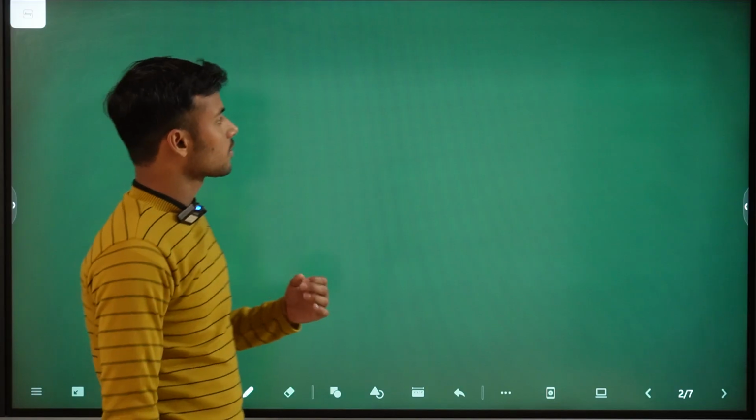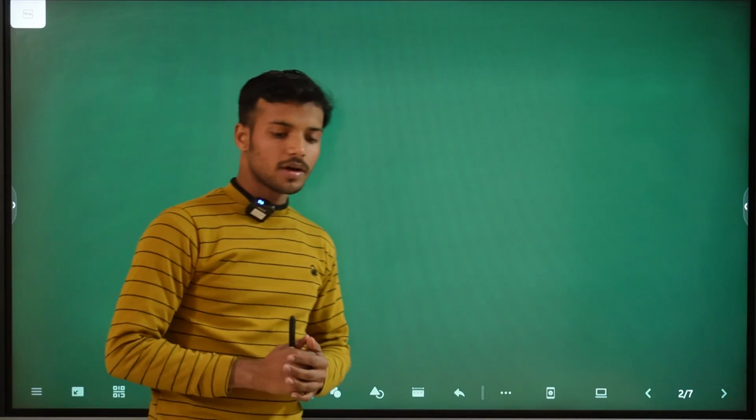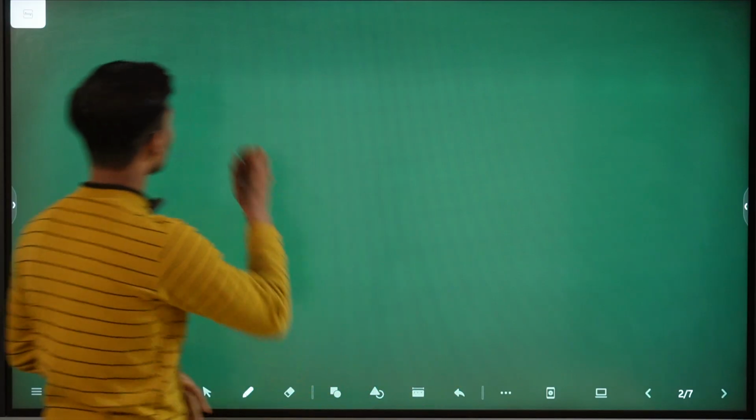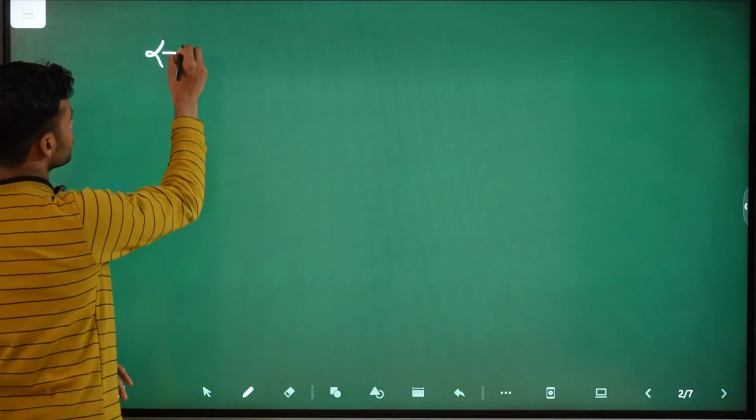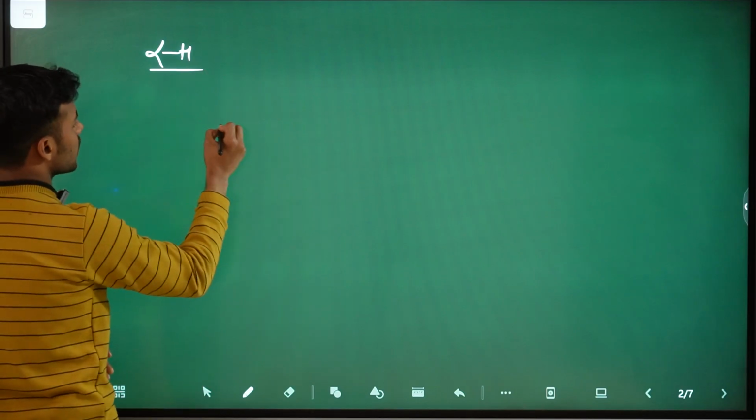Before discussing the mechanism of the hyperconjugation effect, I want to introduce alpha hydrogen. What is alpha hydrogen? Take an example.